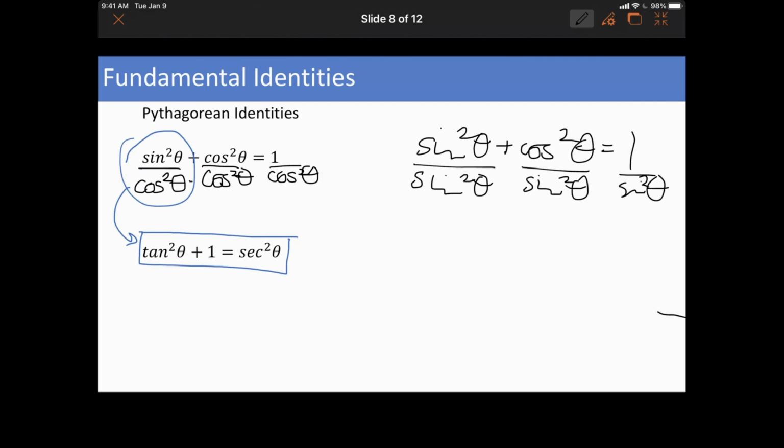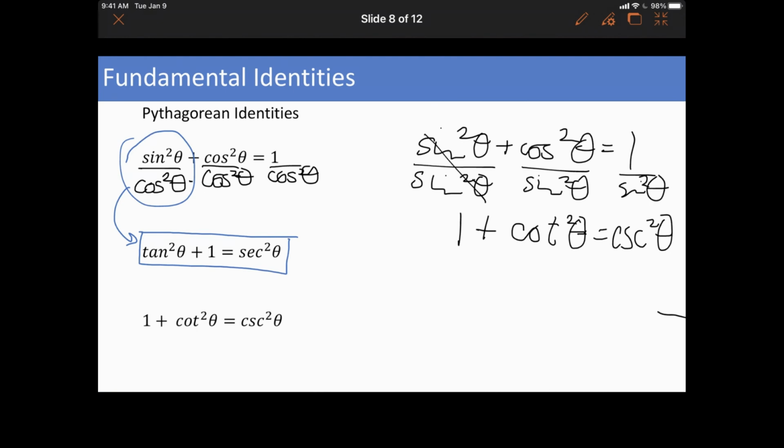So sine squared over sine squared is 1. Cosine squared over sine squared, that is cotangent squared, from the quotient identity from our last slide. The 1 over sine squared is cosecant squared. So this is our next one.